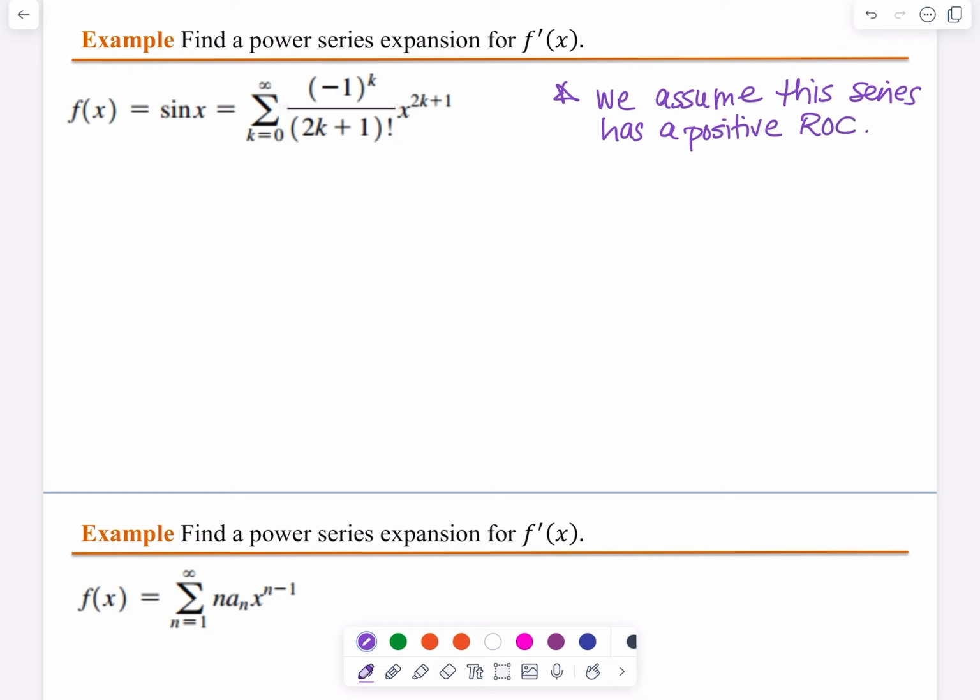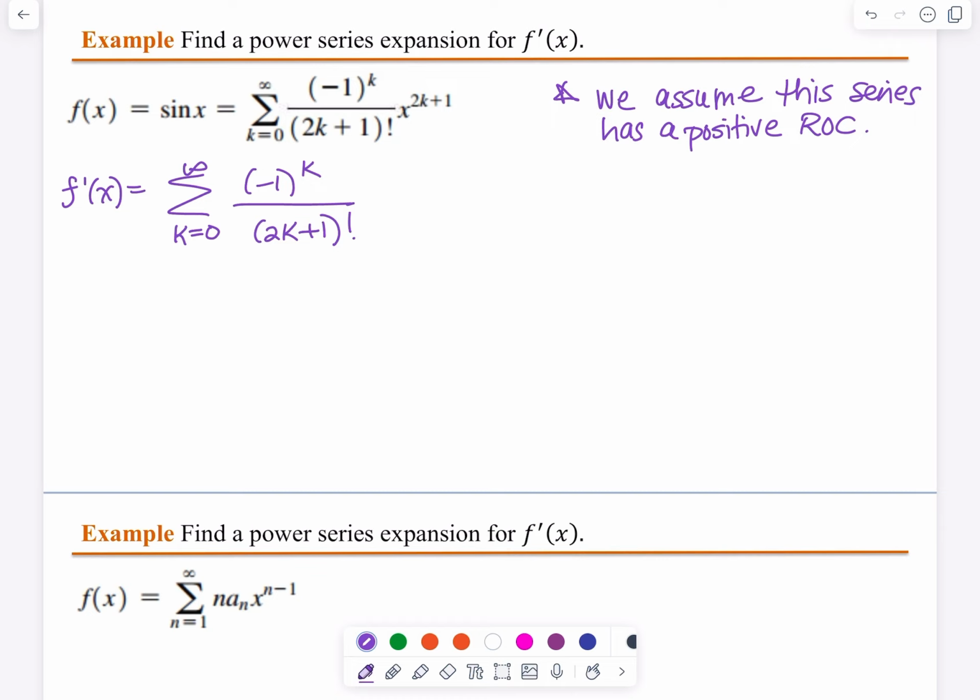Okay, and so let's go ahead and take a look here. We have that the derivative is going to be equal to, and this first, this negative 1 to the k and the 2k plus 1 factorial, that's just a constant.